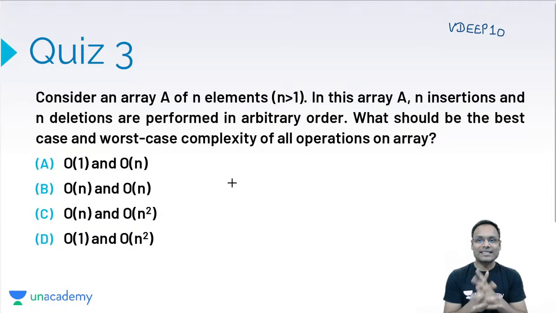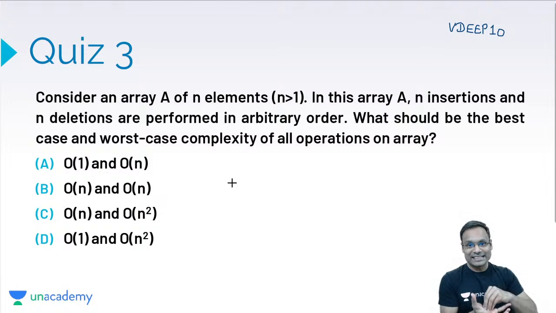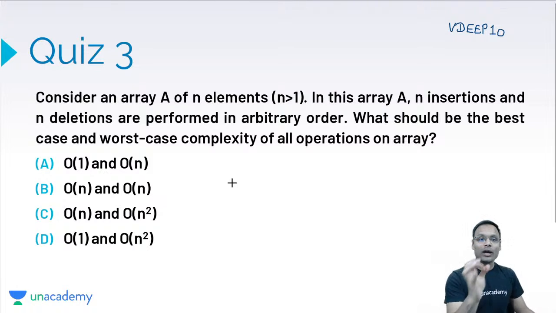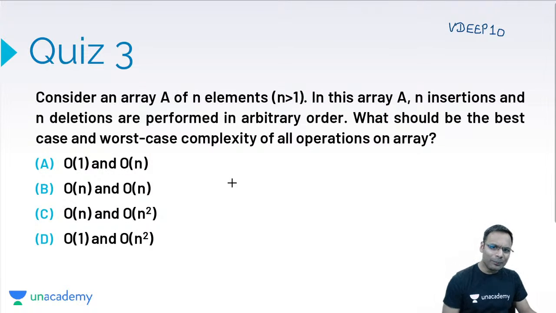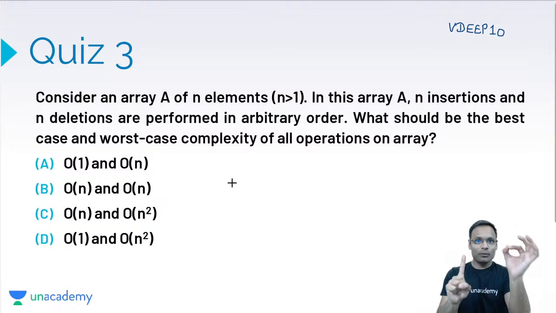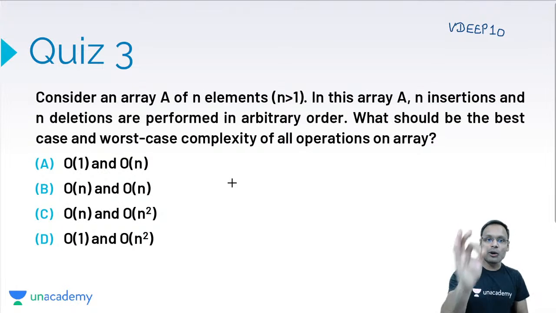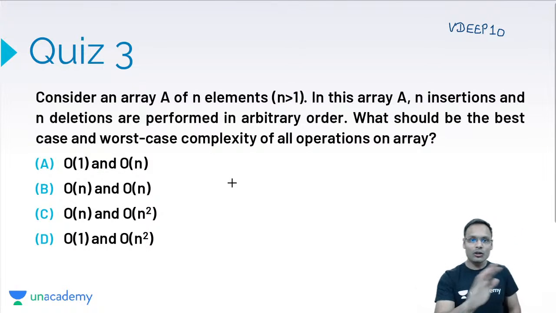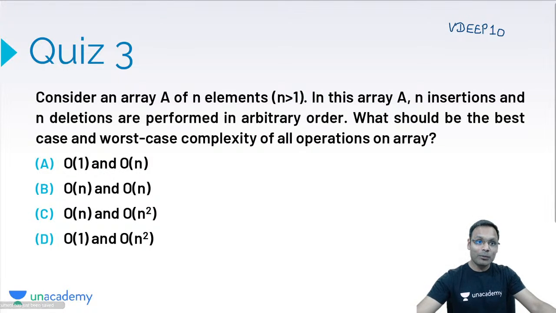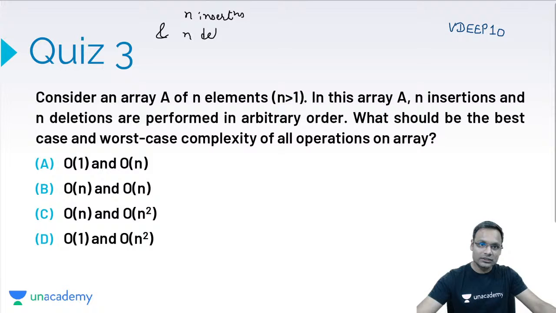Let's say you are performing insertion and deletion and you want the best case. Then for one insertion the complexity is constant, and for one deletion the complexity is constant. You are performing n insertions and n deletions, so in total 2n operations.